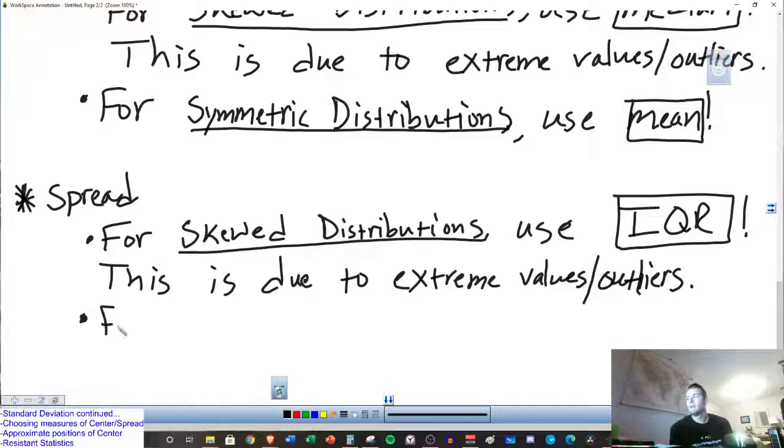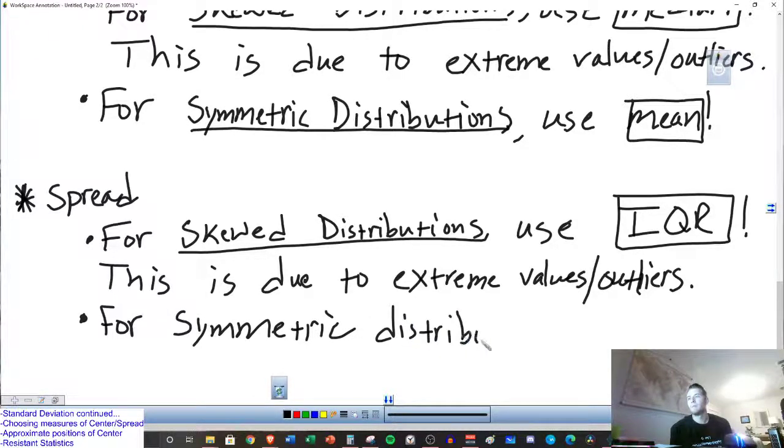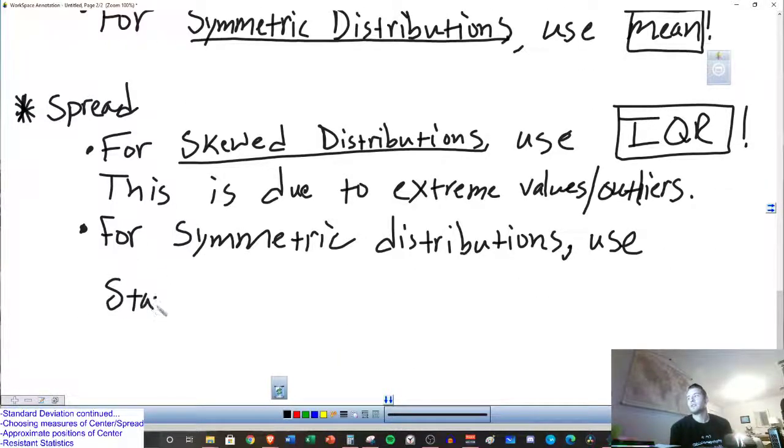Next, for symmetric distributions, use standard deviation.